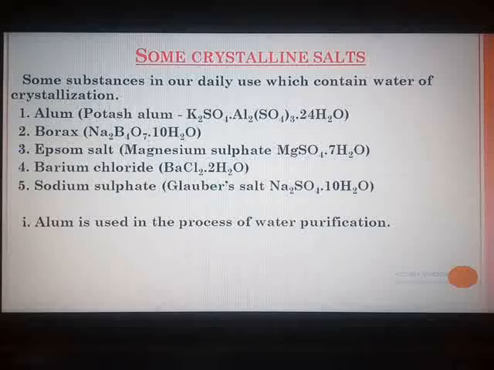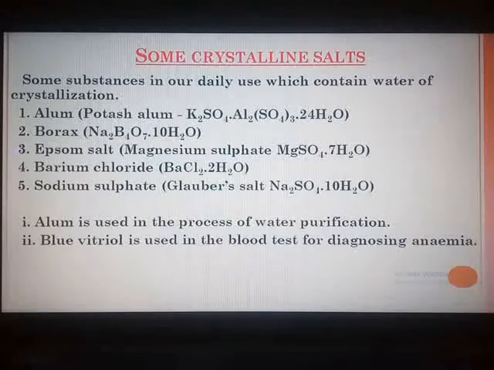Alum is used in the process of water purification. Why? Because of its property of coagulation, the solid impurities in the water come together, gather together, become heavy, and settle to the bottom, and hence the water above it becomes clear, and that water is suitable for drinking purposes.